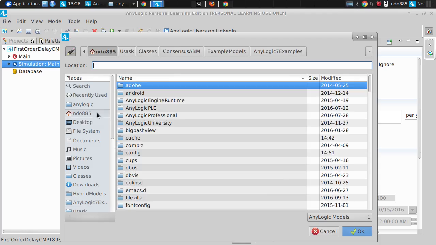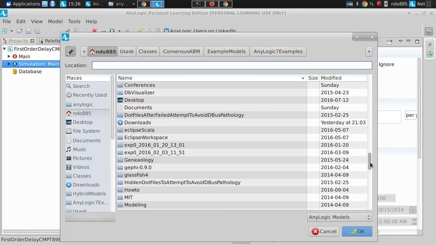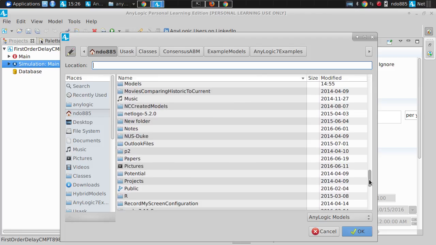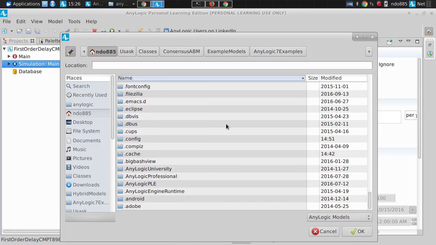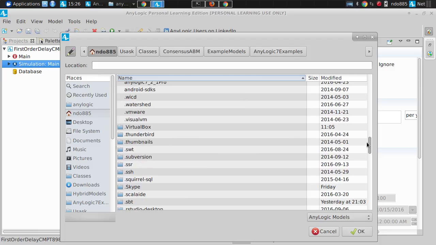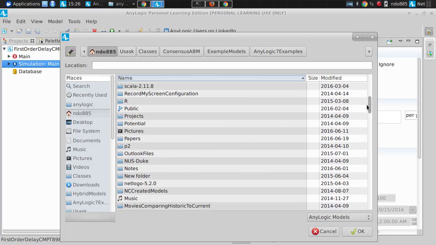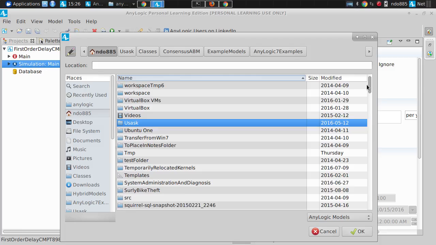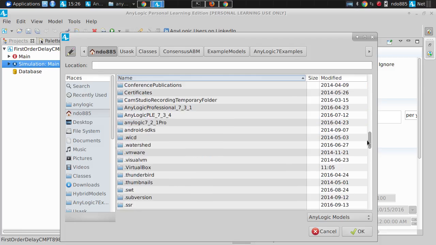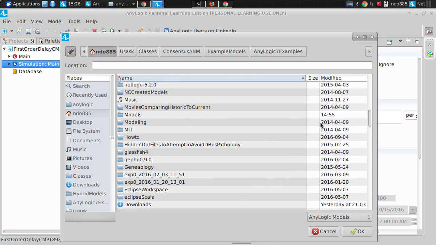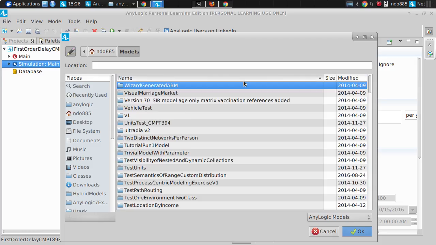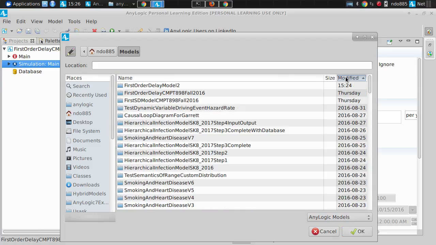So pardon me while I just go and recover my model. I may just recreate it because it would be really quick to do. Okay. Models. Here we go. Boom. And boom.